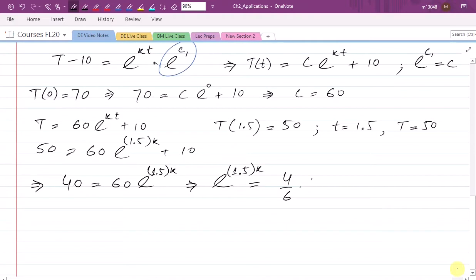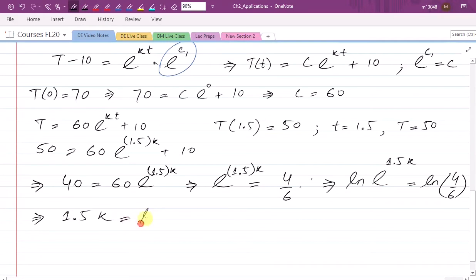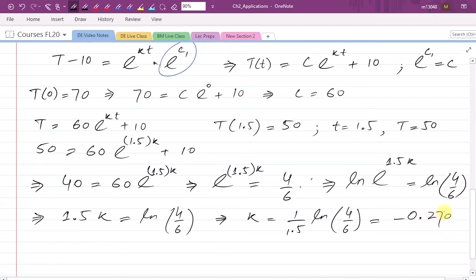Because we want the value of k, and log can cancel e, we take log on both sides: 1.5k equals log of 4 by 6, and this means k is about minus 0.270.